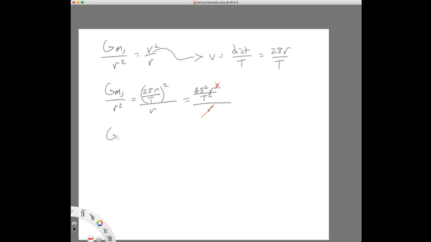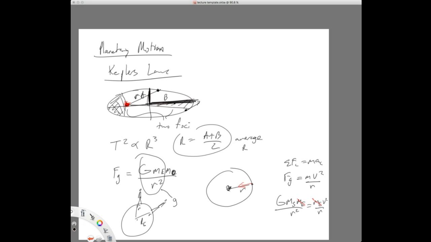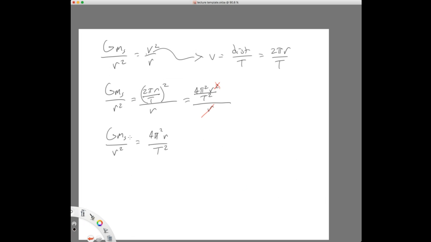So what we get is G M Sun over r squared equals 4 pi squared r over period squared. Now, starting to get to something that looks like Kepler's law, because we have T squared and there's an r cubed.